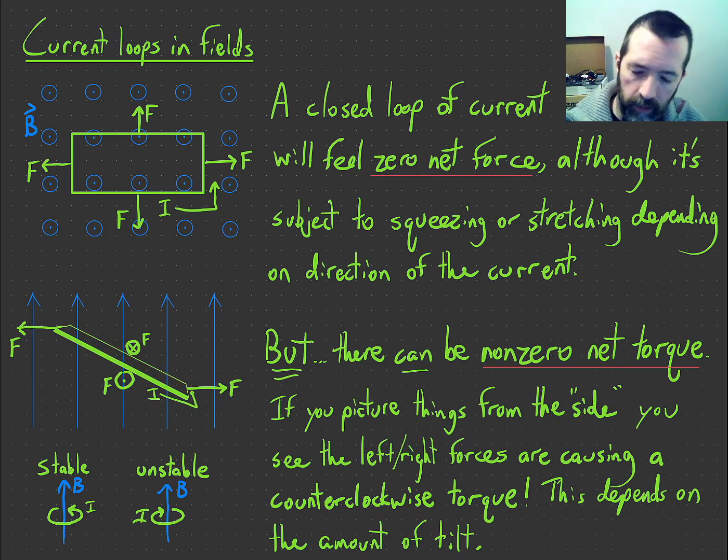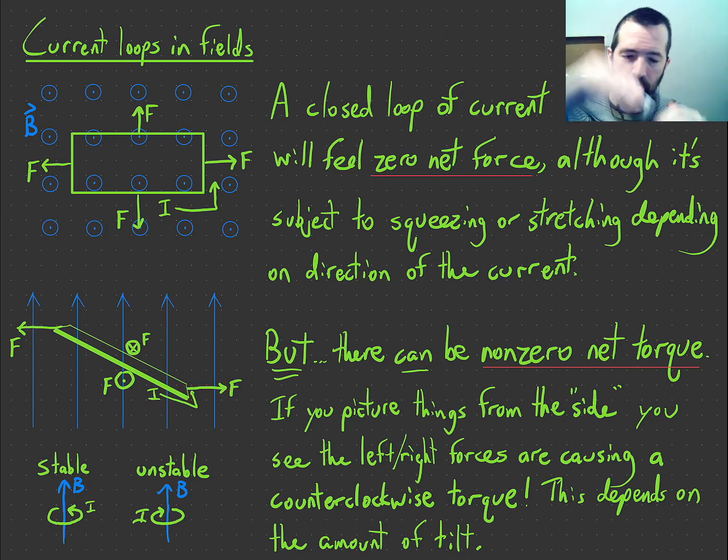But if you look at the left segment, it has a force that goes to the left, but that force has to be perpendicular to the magnetic field, which is not perpendicular to the plane of the loop. Similarly, the right segment has a force that goes to the right, but there's an angle there between the loop itself and the direction of the force.